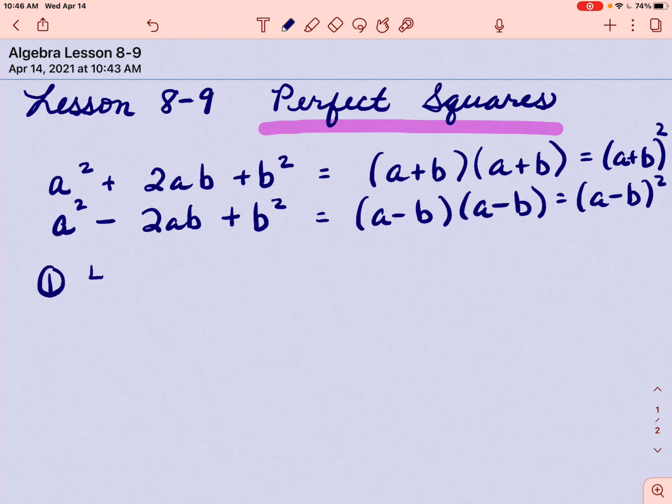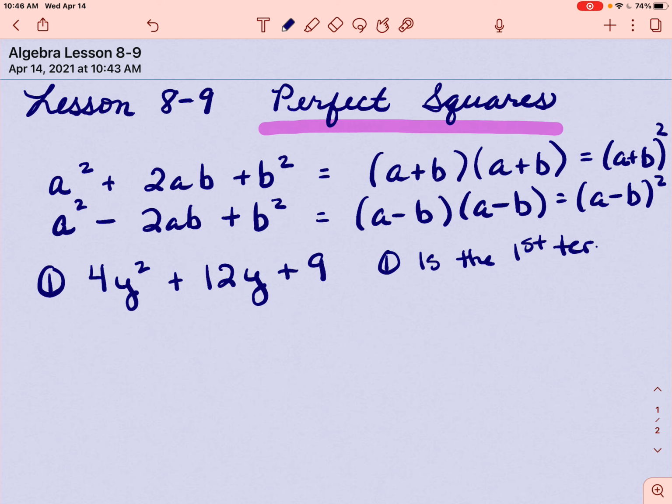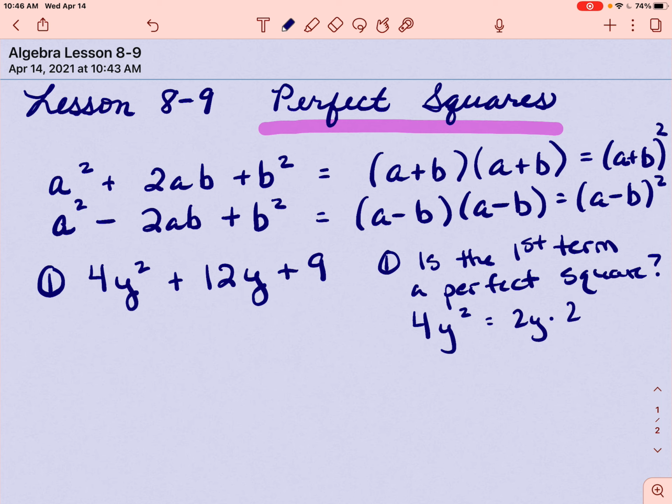If I have 4y squared plus 12y plus 9, I can ask myself some questions. Number one, is the first term a perfect square? In this case, 4y squared is the same as 2y times 2y, so yes.